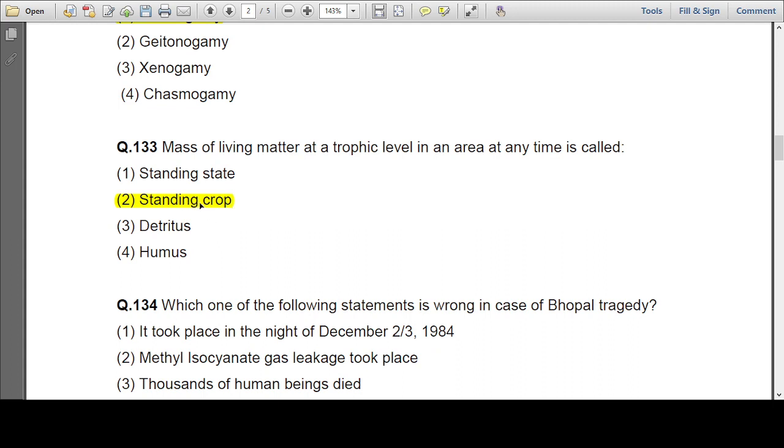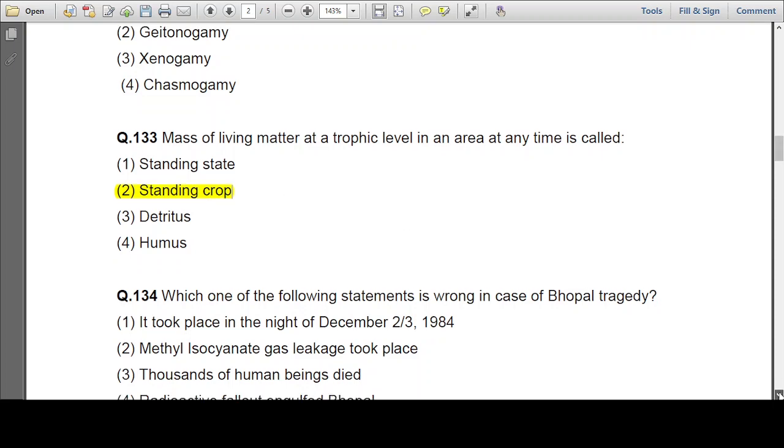Standing crop is related with mass, CM, chief minister, so C with mass. Standing state is the amount of a particular nutrient in the soil at a particular time, but crop is related with mass at a particular trophic level.